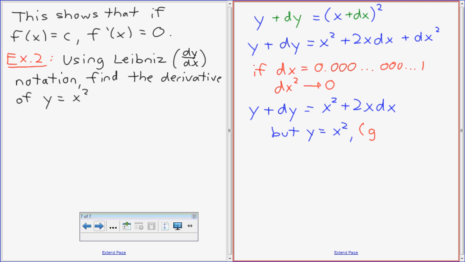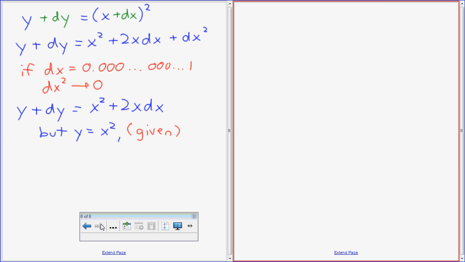Well, this is where I got y equals x squared from right here. Because y equals x squared, you can say that's like x squared plus dy equals x squared plus 2x dx, which is dy equals 2x dx.